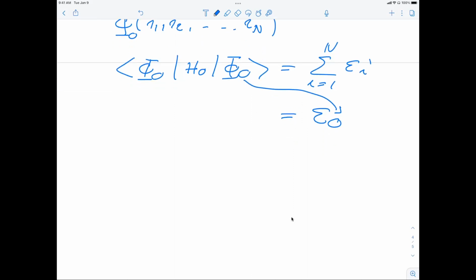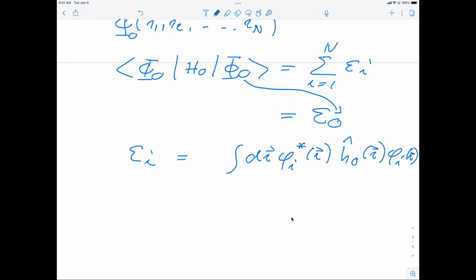Okay, so I'm going to introduce another notation here. When you look at this term here, this is something we're going to use quite often. This is going to be given by an integral where I now have a d of r. We don't need to specify r, whether this is particle 1 or whatever. And then I have a state phi of I of r multiplied with this operator H0, which is a function of r, multiplied with the state phi of r.